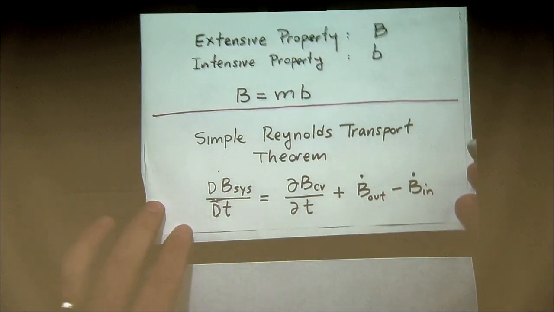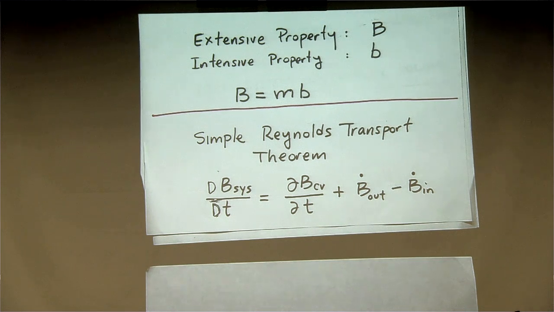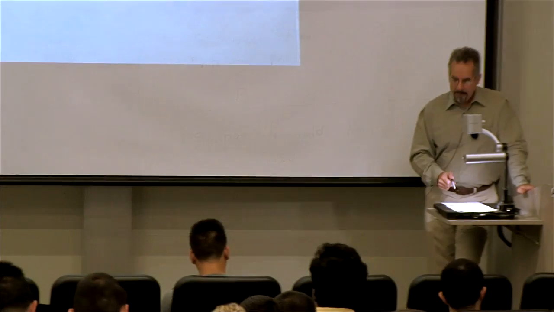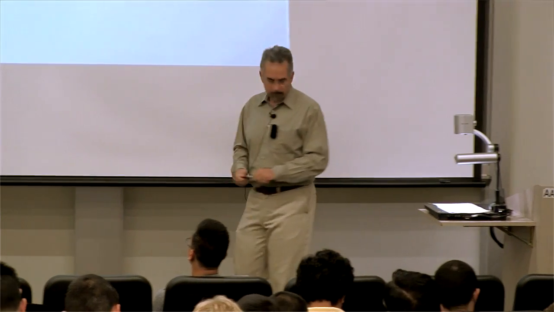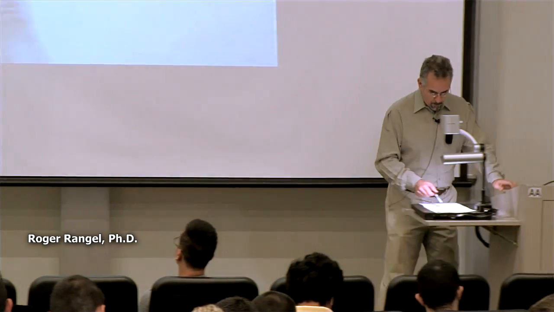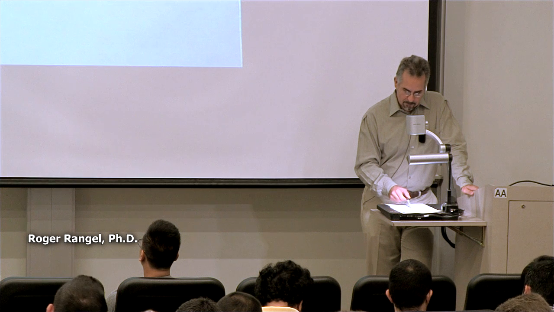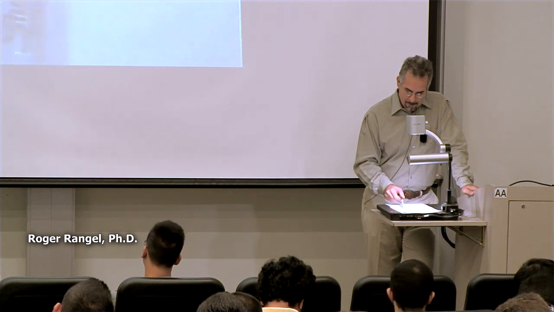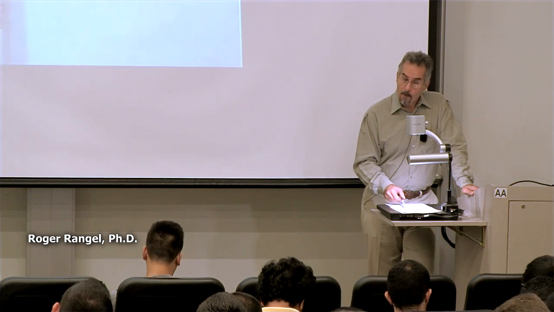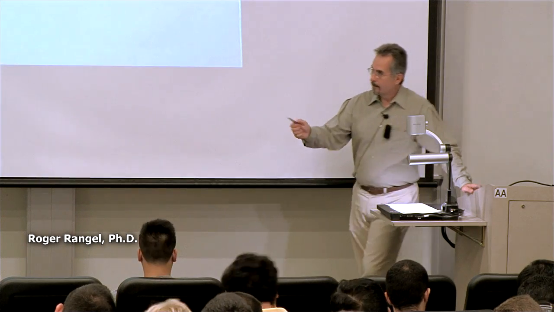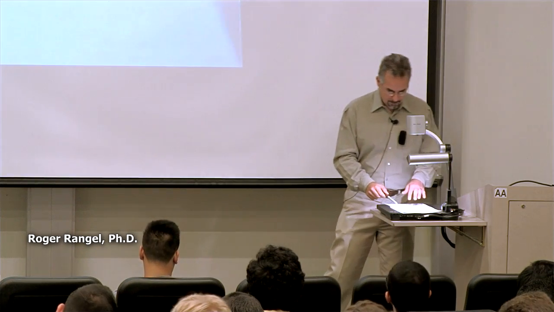I will state that a simple Reynolds transport theorem would tell me that the rate at which that property B changes per unit time for the system has to be equal to the rate at which that same property changes for the control volume plus the flow of property B per unit time out of the control volume minus the flow of property B per unit time into the control volume.